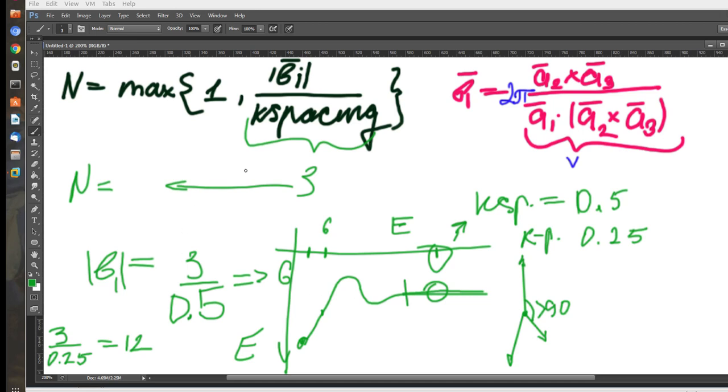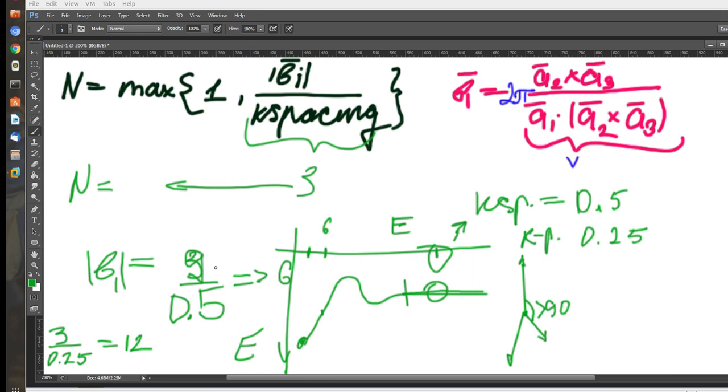And let's say when we increase that number by 9 and with some K spacing, the amount of K points will change automatically, because the number of K points should be BI divided by K spacing.